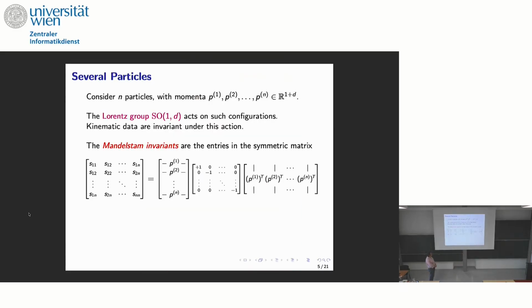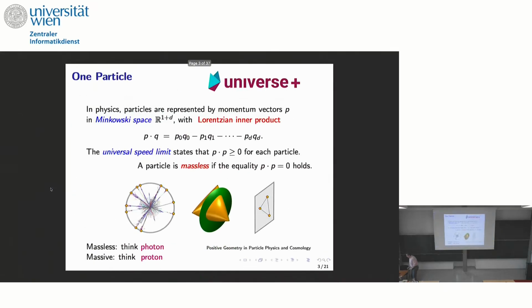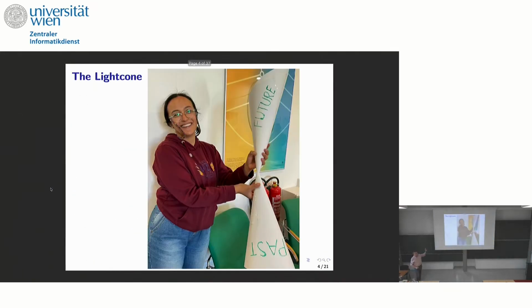I'm going to write p upper 1 up to p upper n for these particles in our d plus 1-dimensional space. The Lorentz group SO(1,d) acts on them, and of course we like to record invariant properties. So we're going to be interested in this closed semi-algebraic set Veronica is holding in her hands. That's what we're going to be interested in.